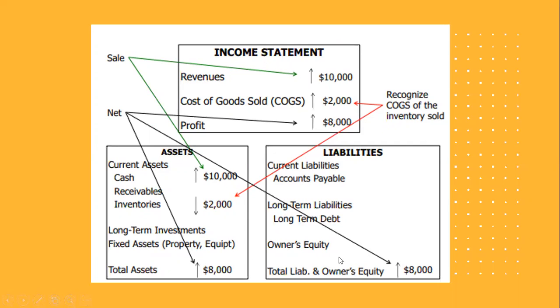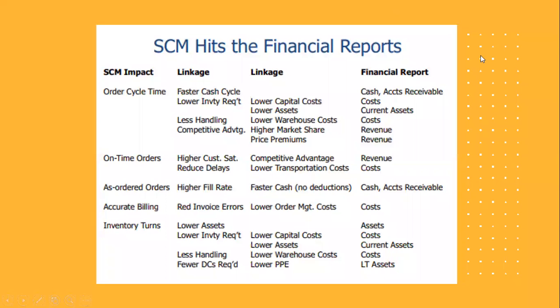There's a net difference of 8,000 on the asset side and the liability side, and the net income goes up by 8,000 as well. So here you can see how one transaction is impacting both of these financial statements. And it's quite fascinating how all of these work simultaneously. So again, it's very important for you to be very comfortable with understanding that.